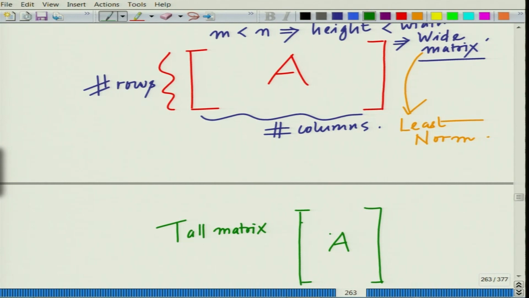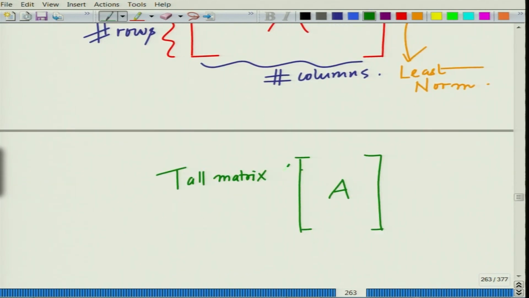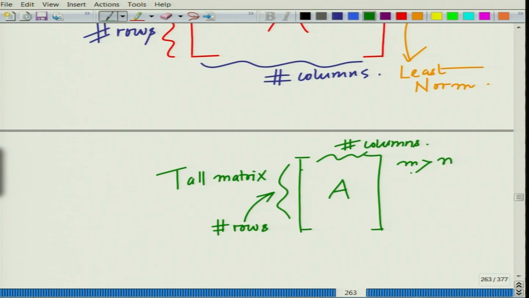in which you have the number of rows and the number of columns, this is for your least squares, right.